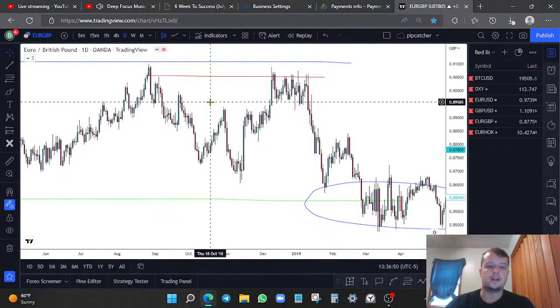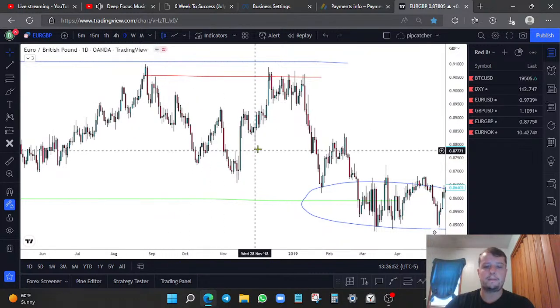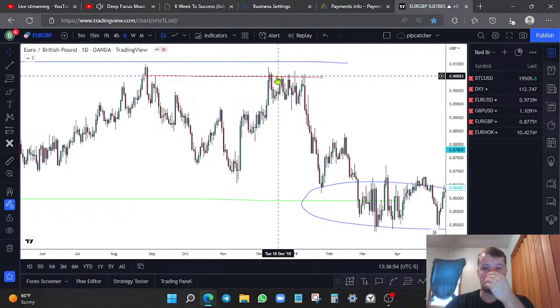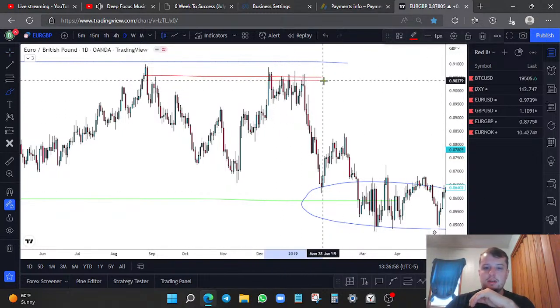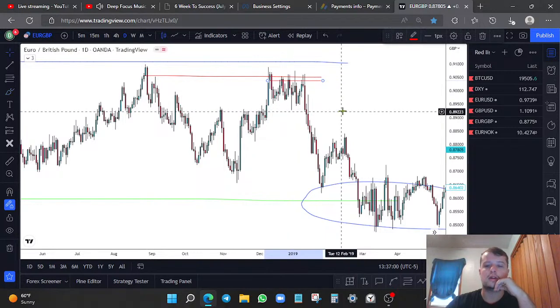So this isn't really super clean, but there are moves up here that could potentially be giving you some profit.